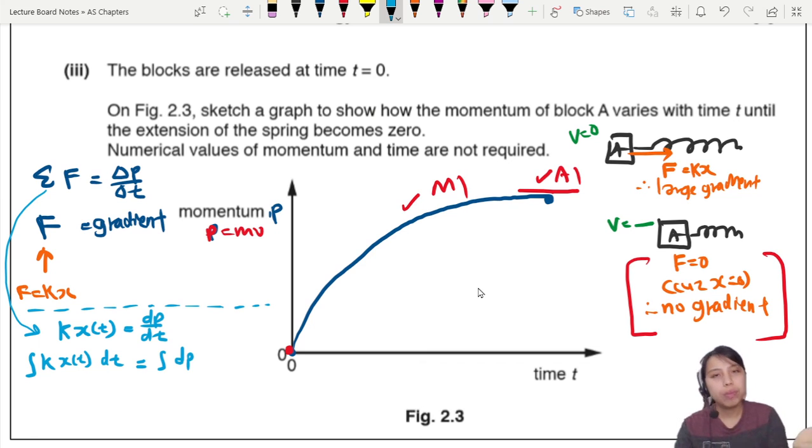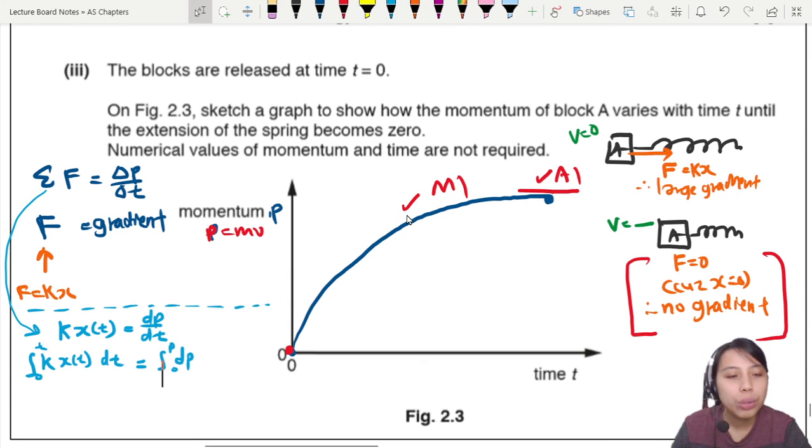So I split up the dp and dt. So what would I get? If I say from 0 to t and 0 to some final momentum, which we see up here, quite a high momentum, you will get an equation p equals to... how to integrate this?